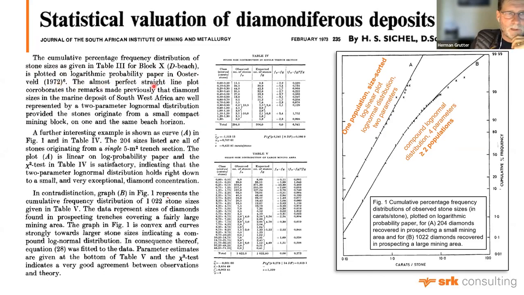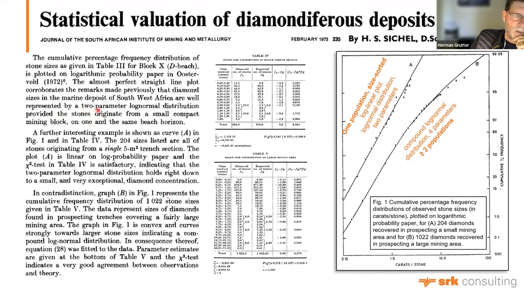The almost perfect straight line plot corroborates the remarks made previously that diamond sizes in marine deposits of Namibia are well represented by a 2-parameter log normal distribution, provided the stones originate from a small compact mining block on one and the same beach horizon. These are very important words.